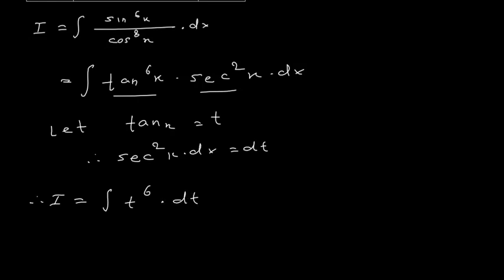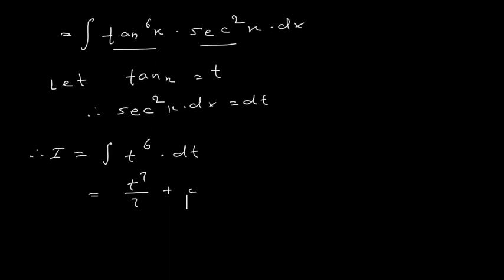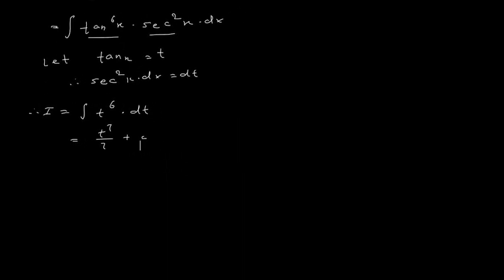So it is t power 6 dt. Now its integration will be t power 7 upon 7 plus c. So this t I will replace again with tan x. So I will have tan power 7x whole divided by 7 plus c is the required result.